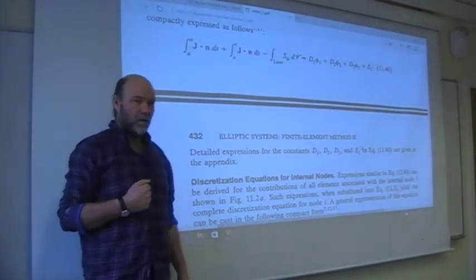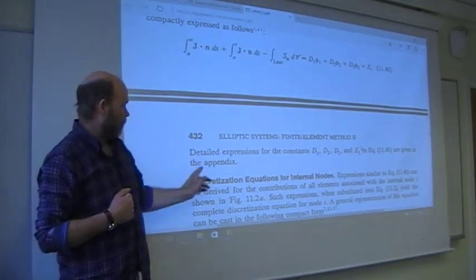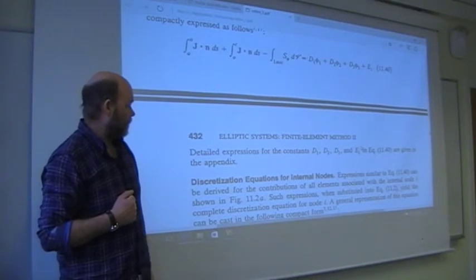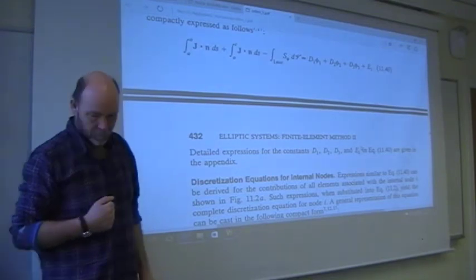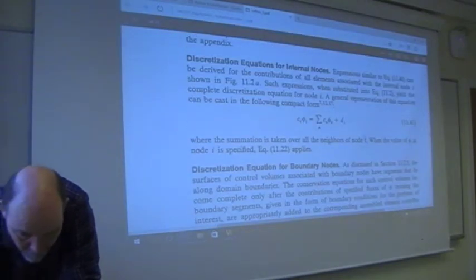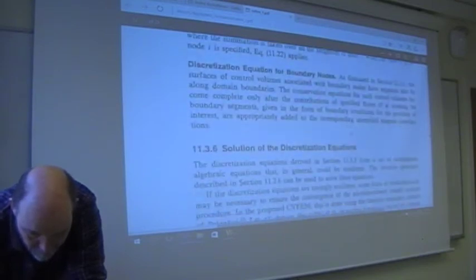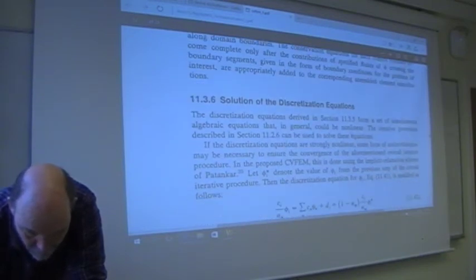It's just geometry. So you calculate them once and for all. Here you find them in the appendix. And then again, algebraic equation system ready to be solved.